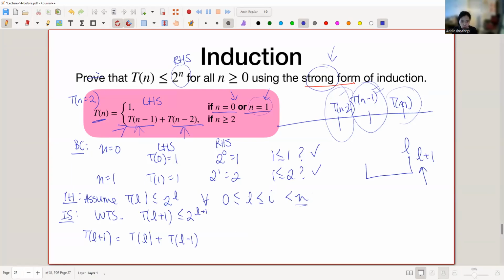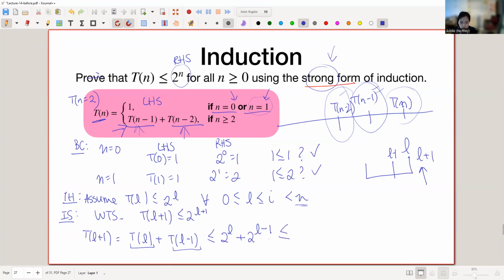Now, because of strong induction, we know that at L and L minus 1, our claim holds, right? It's within that grouping that we're allowed. So we know that this must be less than or equal to 2 to the L plus 2 to the L minus 1, okay, by our induction hypothesis.